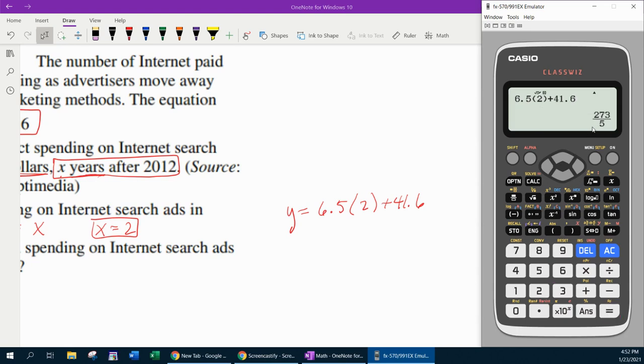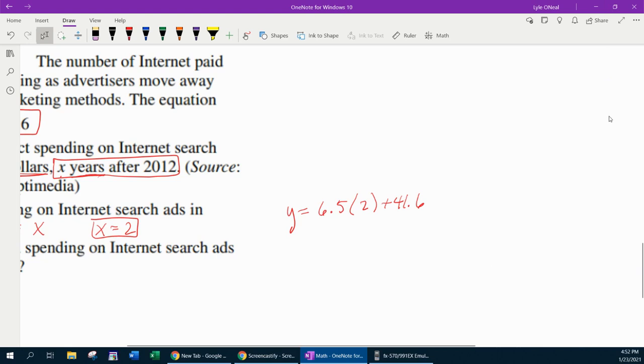On my particular calculator, the calculator always gives a fractional answer as the default output if it can be a fraction. I would really prefer that this is a decimal, so I'm going to hit this SD button, and that forces a decimal. So that's going to be 54.6 as my answer.